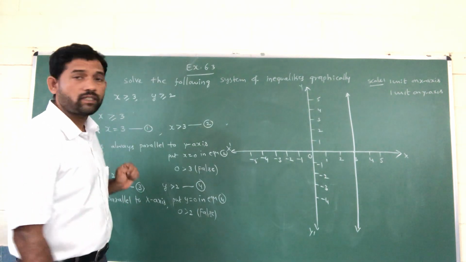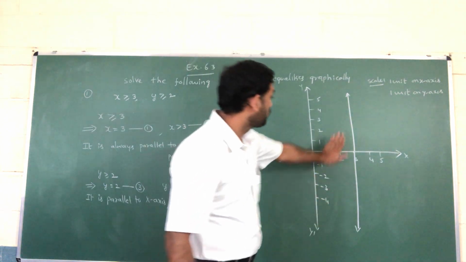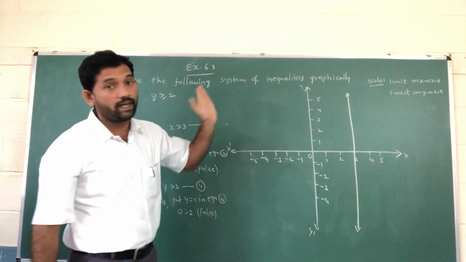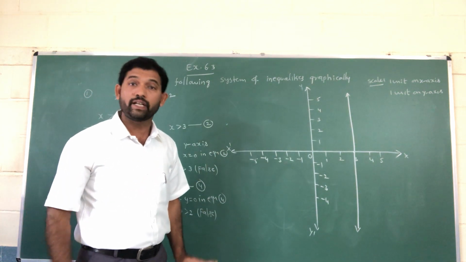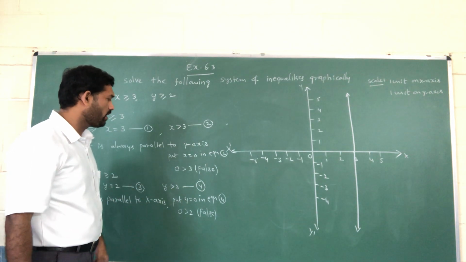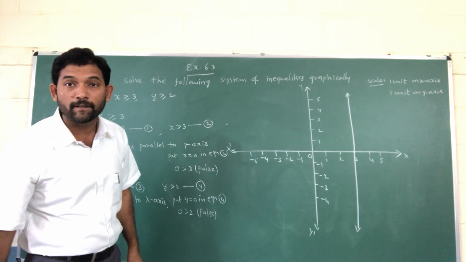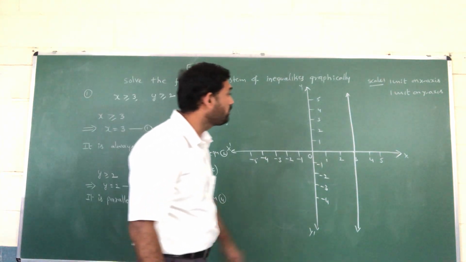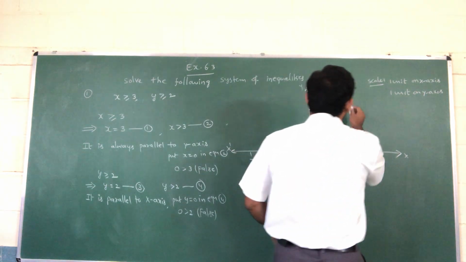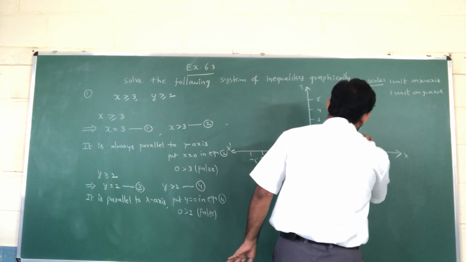This is separated into two solutions, the left-hand side and the right-hand side. Put x equal to 0 in equation number 2. We got a false condition. False means you have to draw above the line, so our solution is this side.